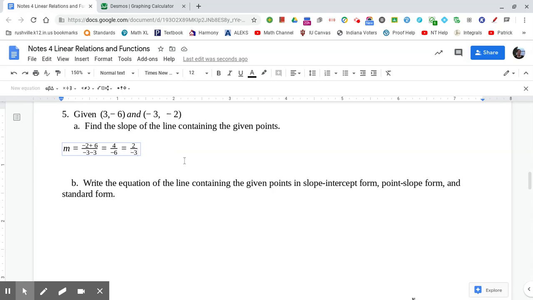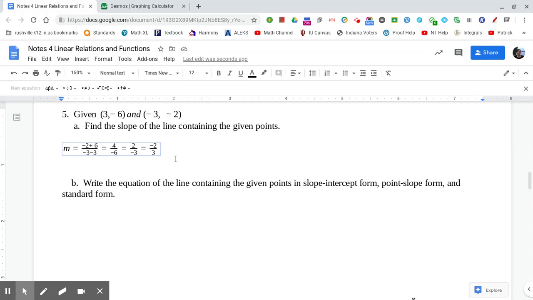Now, one thing that I know tricks students sometimes is that negative sign. The slope is negative, and it doesn't matter where you put that negative sign. You can have it in the denominator, like this one is. You could put it up in the numerator, so the negative could go up with the 2 rather than on the bottom with the 3. But notice that there's one negative sign, just like there was here.